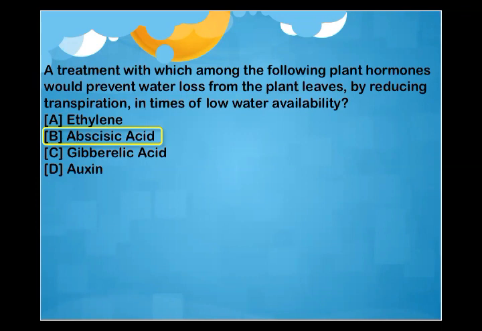They shed the leaves to avoid excessive temperature exposure, and slowly, in low water availability conditions, abscisic acid will create the abscission layer, which will facilitate the falling of leaves.